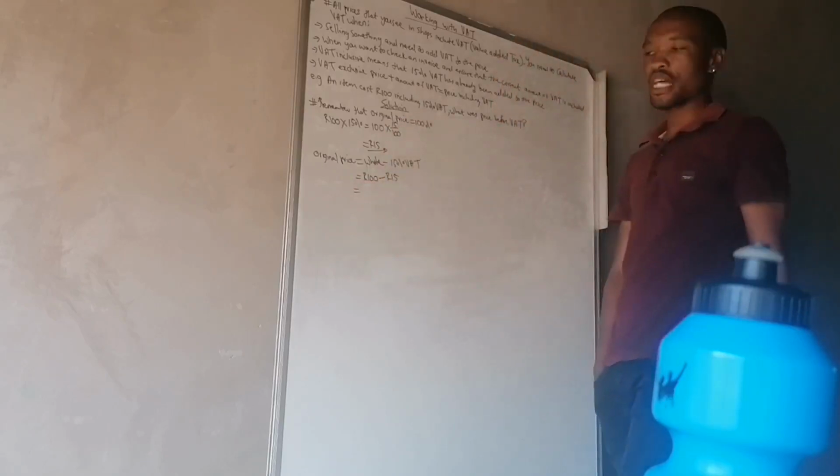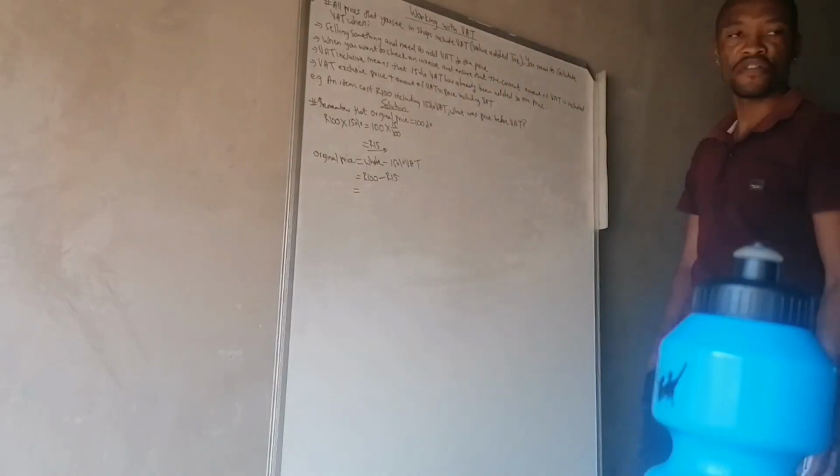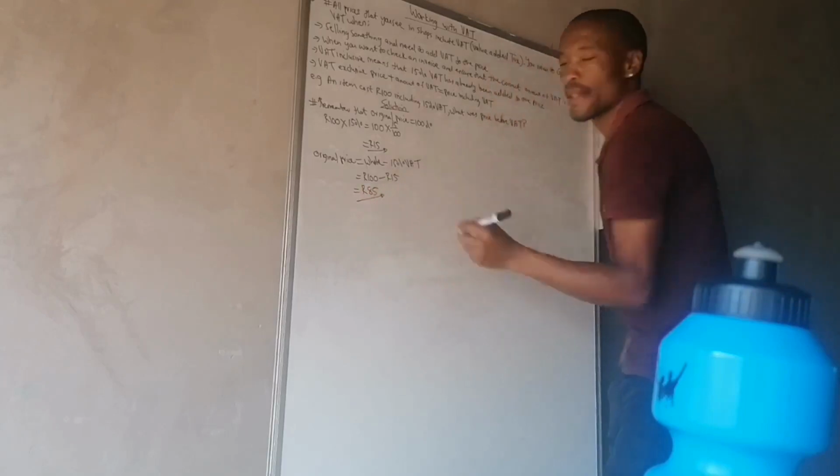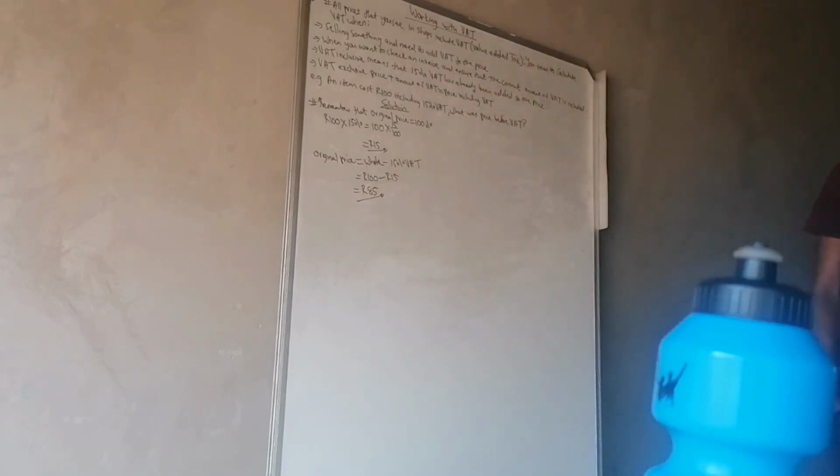What is 100 rand minus 15? You get 85 rand. But I will share if there is a better formula that we can use.